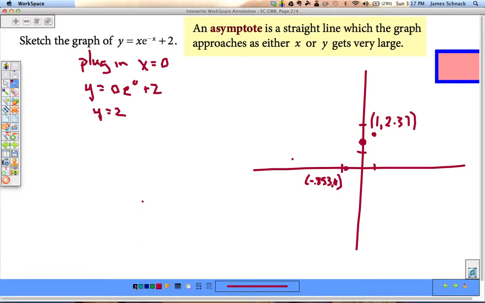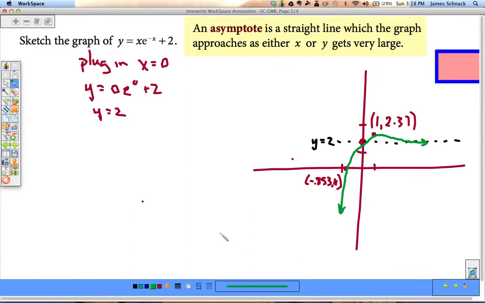And then we have an asymptote going right there at y equals 2. And our curve comes from down here. It's a horrible curve. Let's try this one more time. And it scoots out along that asymptote.